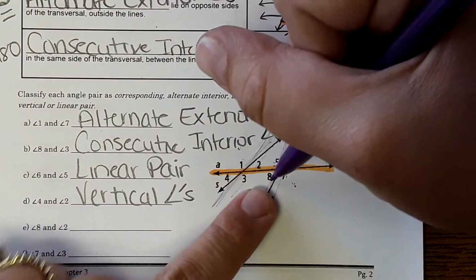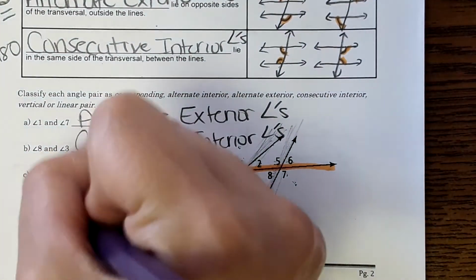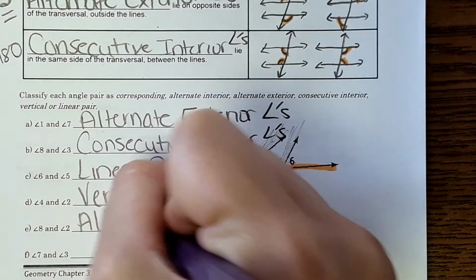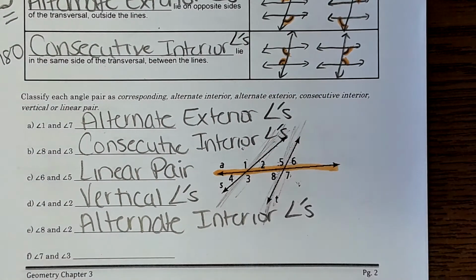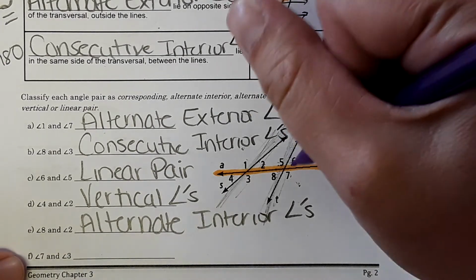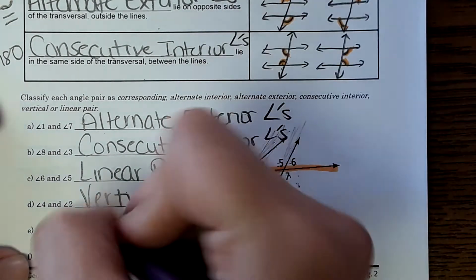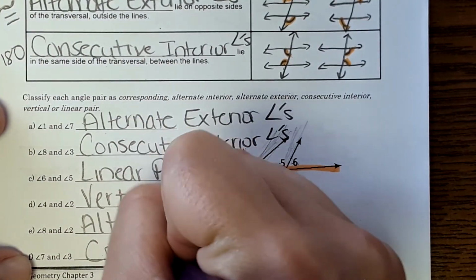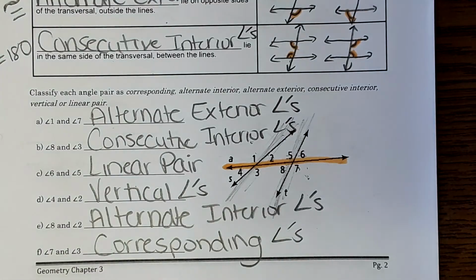And 8 and 2, they are alternate interior angles. And then F, 7 and 3. Anybody know what those are? Corresponding, yay! Awesome. Corresponding angles. Okay, that's all we're covering today.